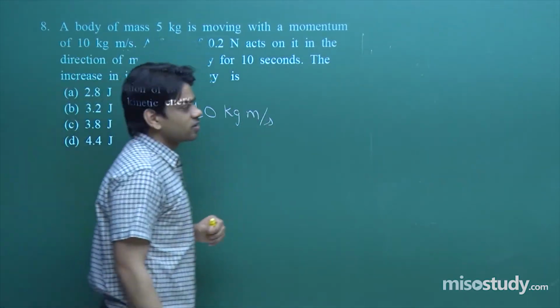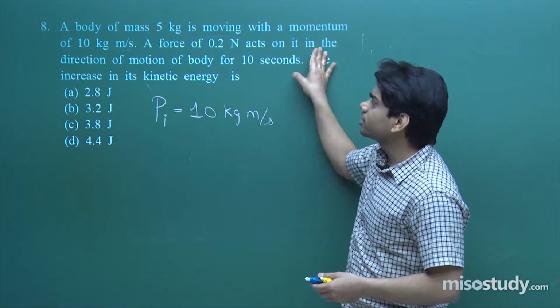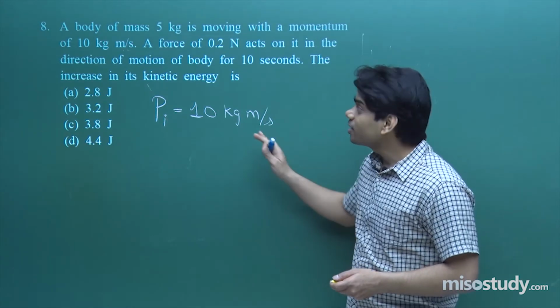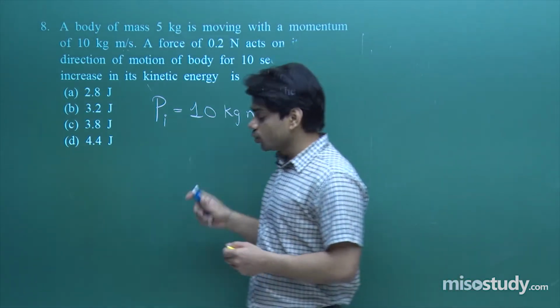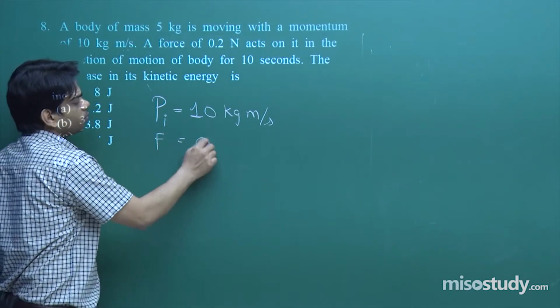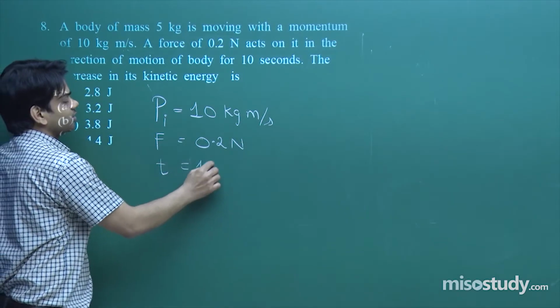Let's go ahead with the next statement of the question. A force of 0.2 Newton acts on it in the direction of motion of the body for 10 seconds. So the next thing we are given is that a force of 0.2 Newton acts for a time of 10 seconds.